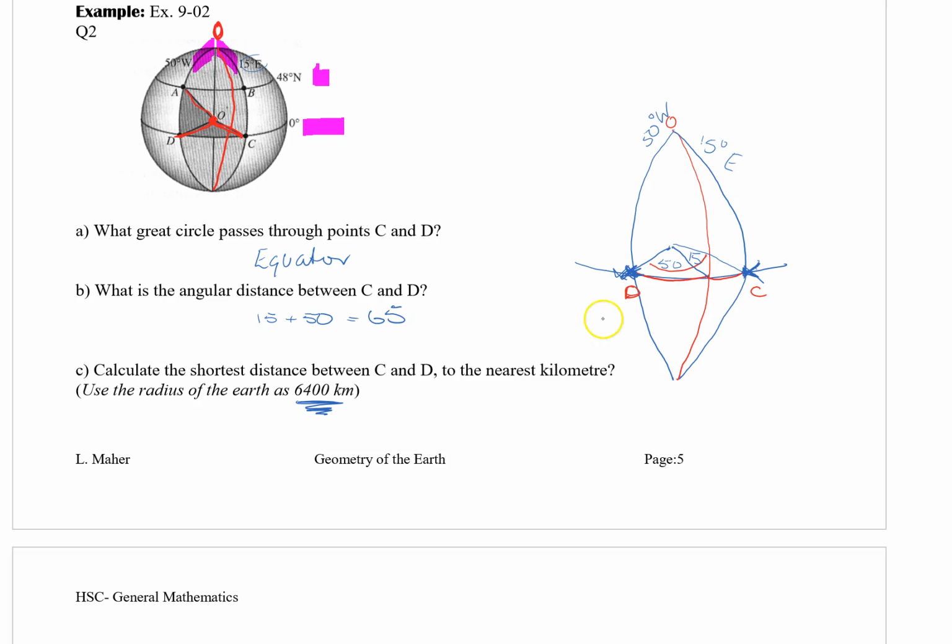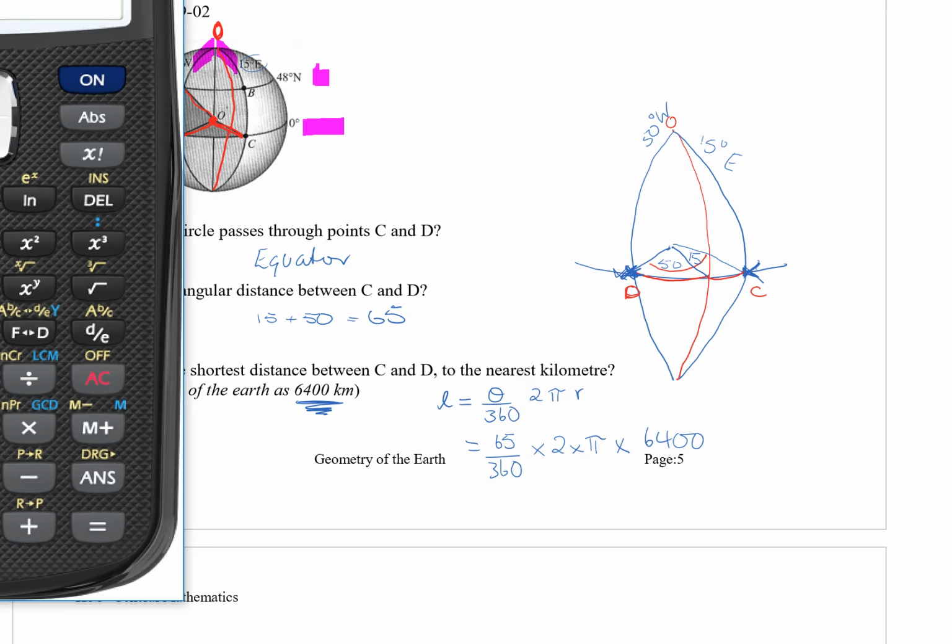So we know that this distance is found by using the formula L is theta on 360 times 2 times pi times r. Our angle we've just worked out to be 65 on 360 times 2 times pi, and we were told that the radius is 6,400. Pi is just a number on your calculator. So let's go to the calculator.